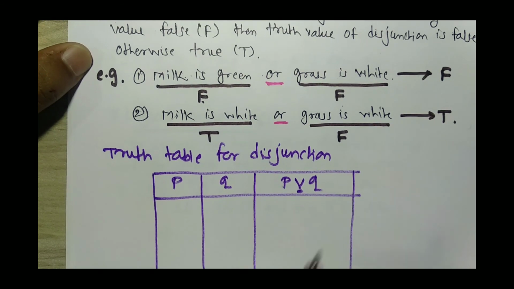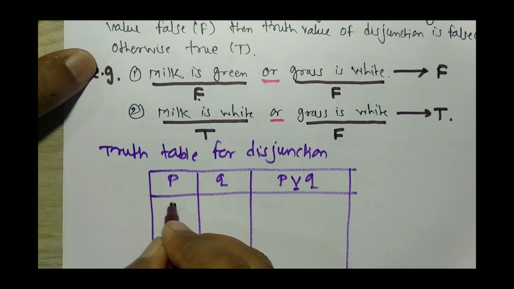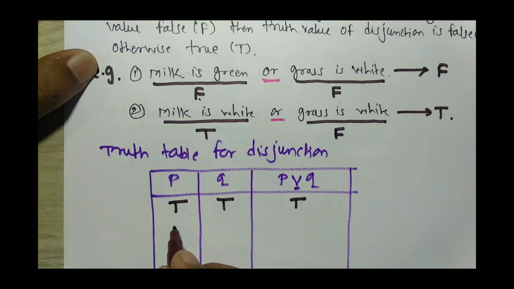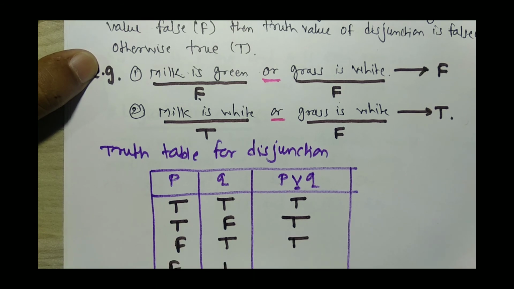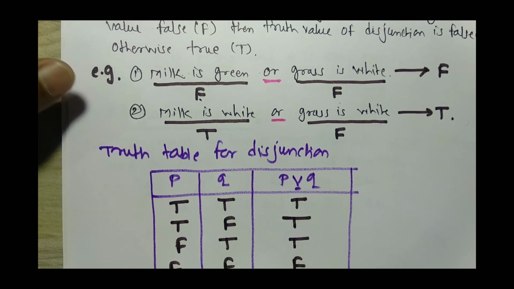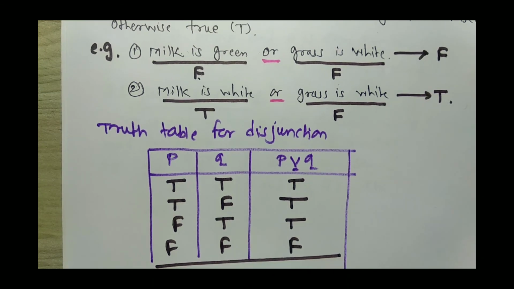We know the rule: if both statements are false, then you will get false, otherwise it is true. And therefore, first statement true, second statement true, the ORing of these two statements is true. First true, second false, then it is also true. First false, second true, then it is true, and both statements false, then it becomes false. This is the truth table for the disjunction of two statements.